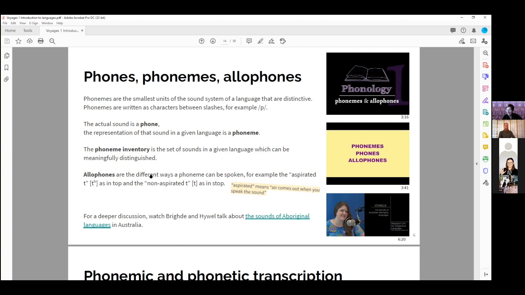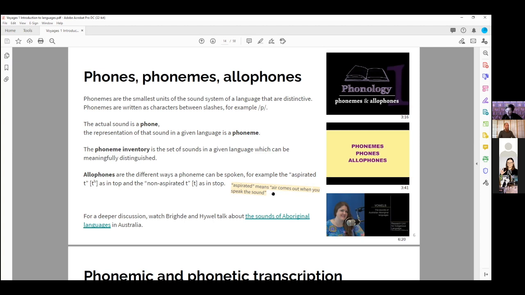So the aspirated T, if I say top, say it to yourself, the T has a little bit of a plosive air that goes with it. If you have a non-aspirated T, as in stop, the T doesn't have the aspirated form. Try to say stop with an aspirated form, stop. It doesn't sound natural.